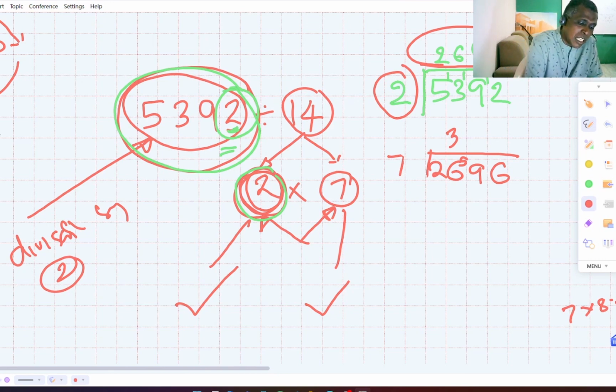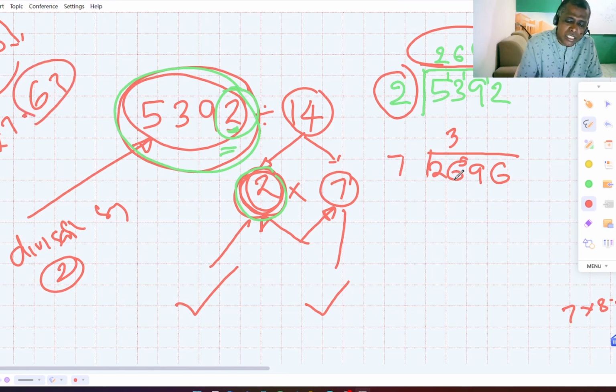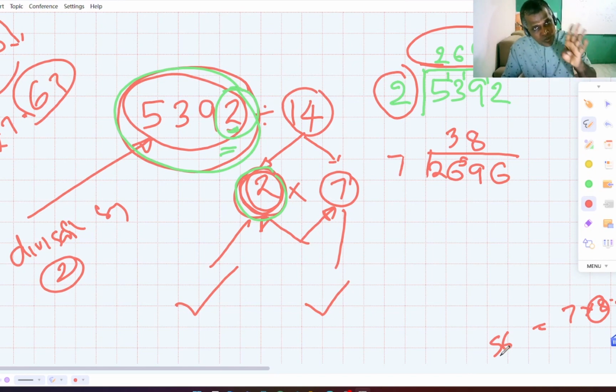Can I get 63? No, it is 59. Can I get 56? Yes, I can get 56. So you are getting 8. The value is 56, 57, 58, 59. What's the balance? You are getting 3 as the balance.